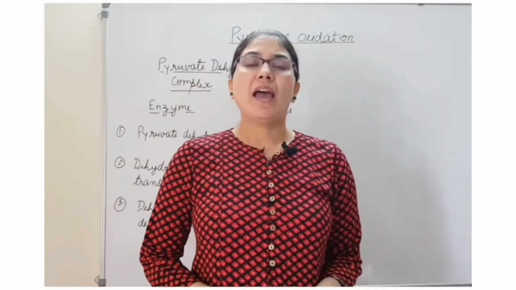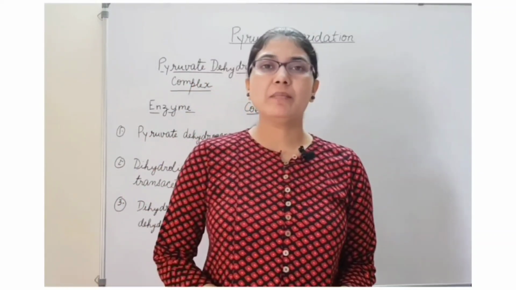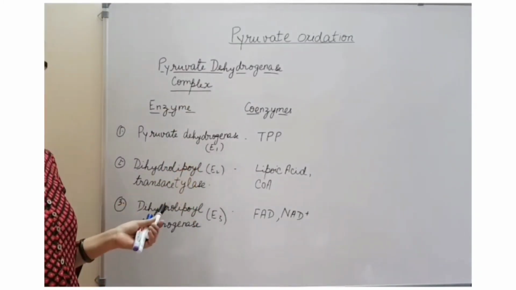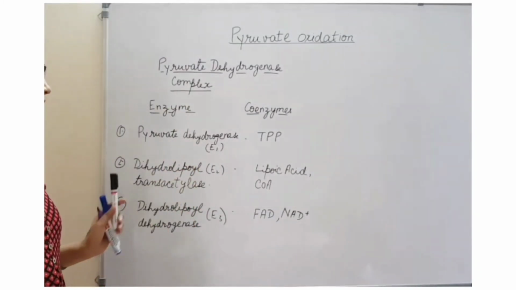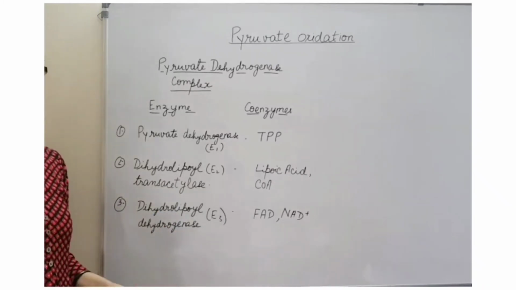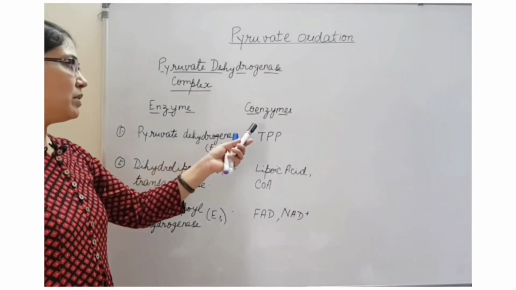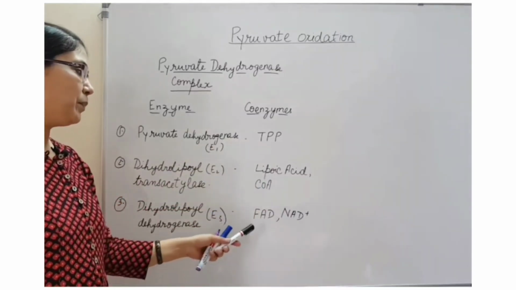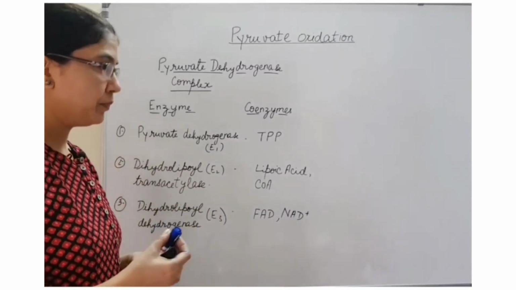It is an assembly of 3 individual enzymes: pyruvate dehydrogenase denoted as E1, dihydrolipoyl transacetylase denoted as E2, and dihydrolipoyl dehydrogenase denoted as E3. These involve certain coenzymes like thiamine pyrophosphate, lipoic acid, coenzyme A, FAD and NAD+.